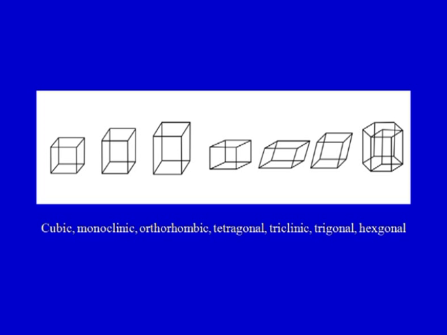These are cubic, monoclinic, orthorhombic, tetragonal, triclinic, trigonal and hexagonal. These are the crystal systems, just to give you an idea. And from the combination of all available symmetry operations, there are 32 point groups, and with translational symmetry and all the available lattices, which are 14 Bravais lattices, this leads to 230 space groups.